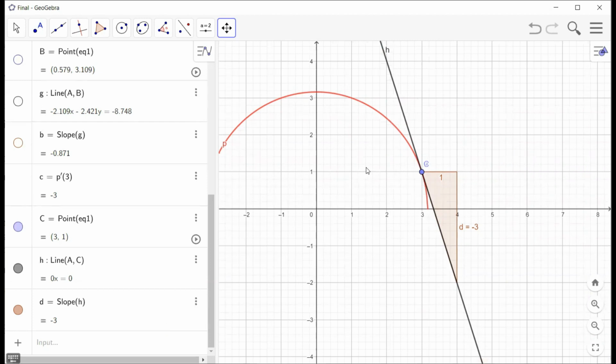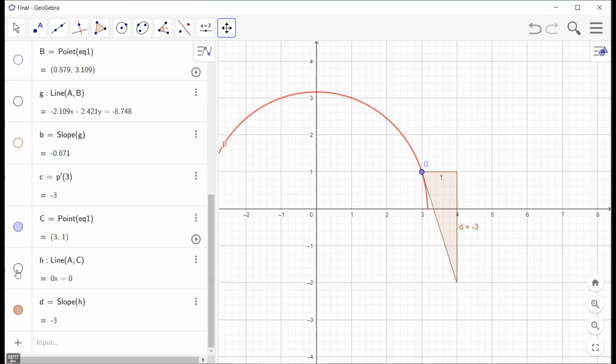Okay. Now we can move to another method to see how the slope of the tangent at x equal 3 is -3.